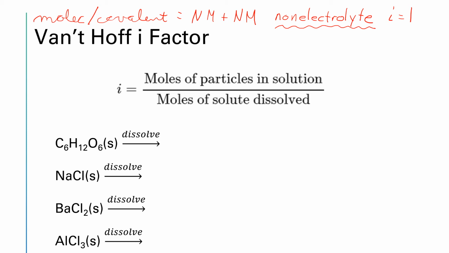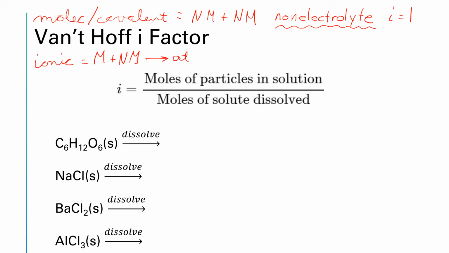Now, the other type of compound we're going to be concerned with will be ionic compounds. They are made up of a metal plus a nonmetal, or in place of one or maybe even both, you'll see a polyatomic ion, like the nitrate ion, the sulfate ion, the acetate ion. And when an ionic compound dissolves, we're going to get multiple ions.